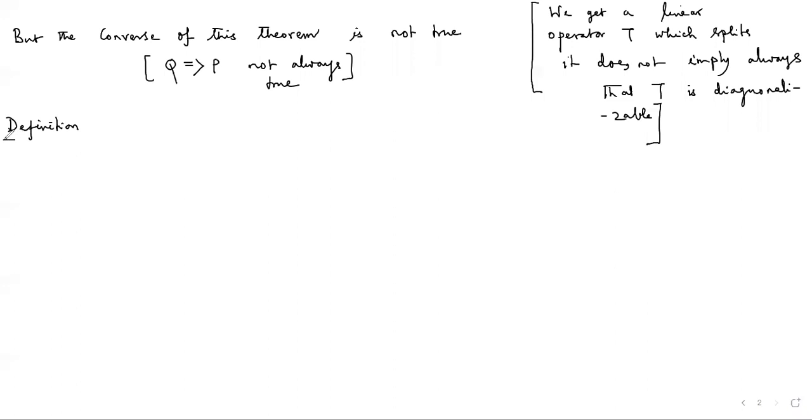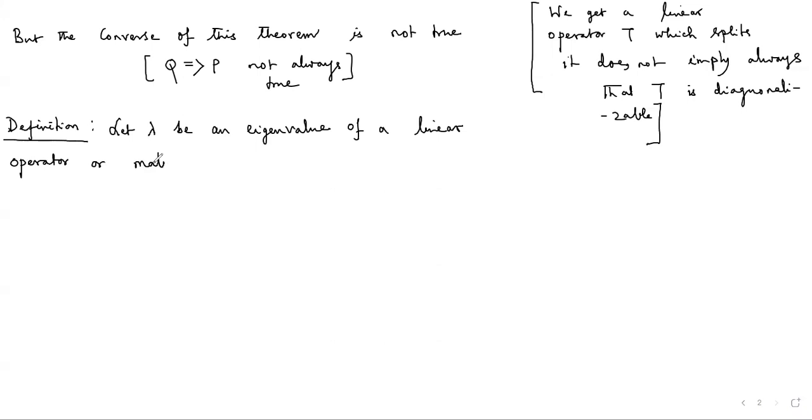The definition says that let lambda be an eigenvalue of a linear operator or matrix with characteristic polynomial f(t).